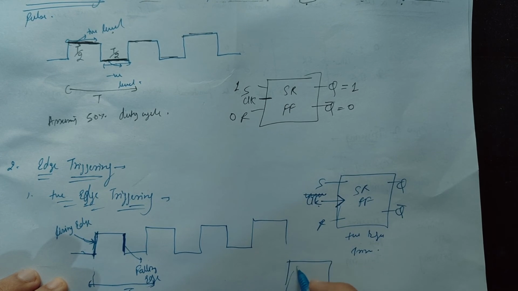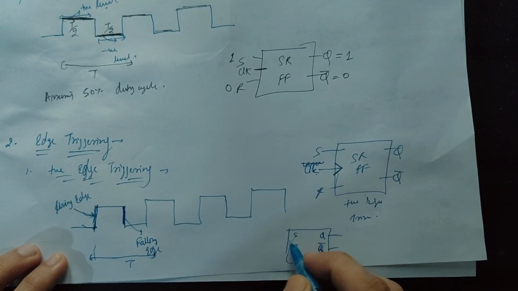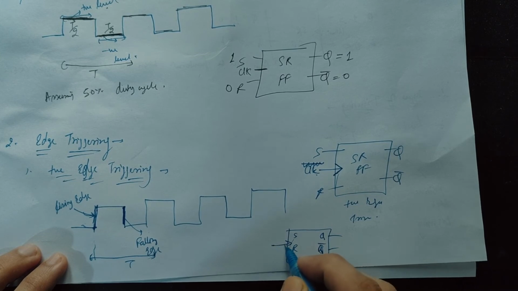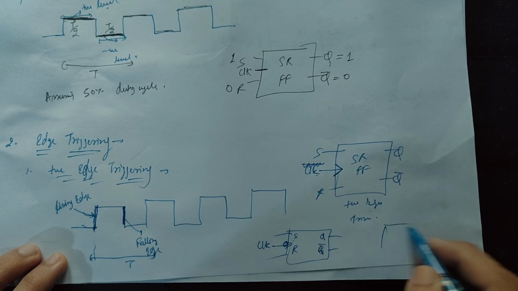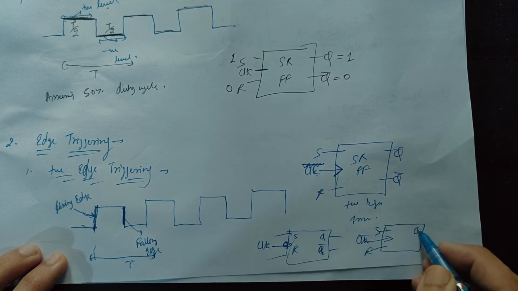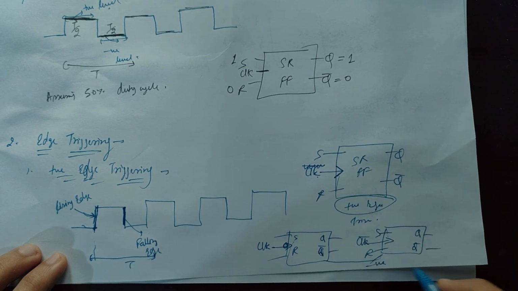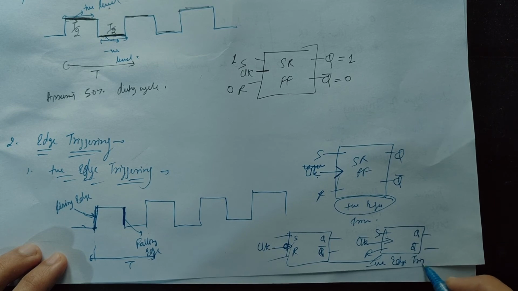If I put a bubble here, then only it would be negative edge triggering, or if I just write clock bar, then it would be negative edge triggering, right?